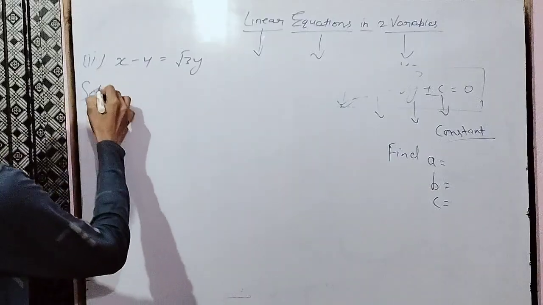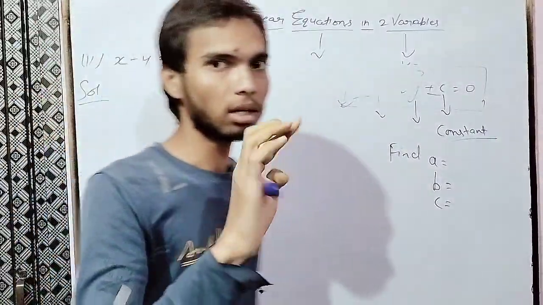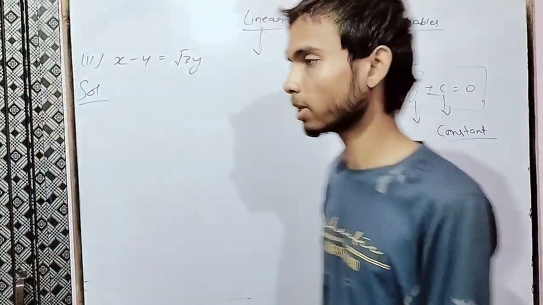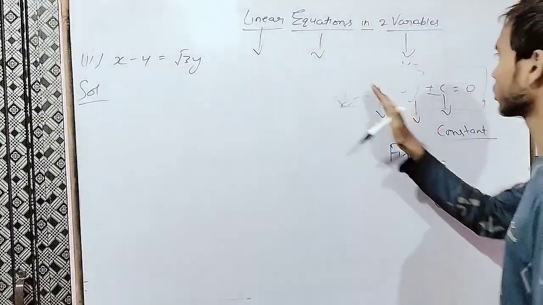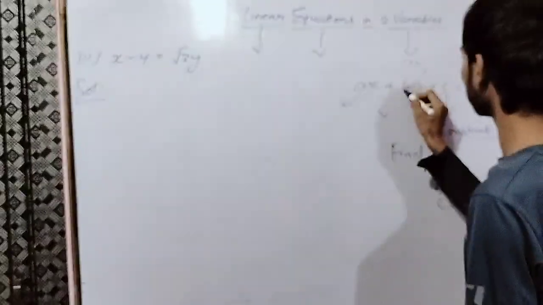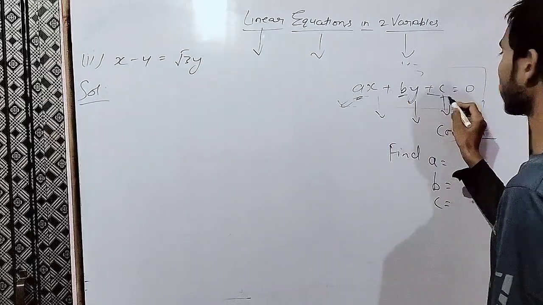This is a little different from the previous. Let's solve it. You have to tell what is the number in place of a, in place of b, in place of c.